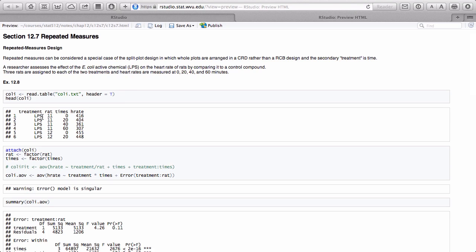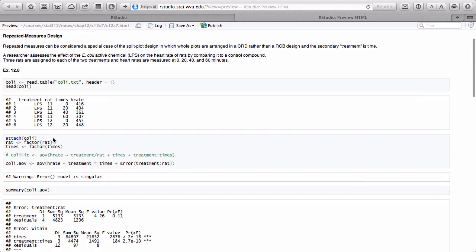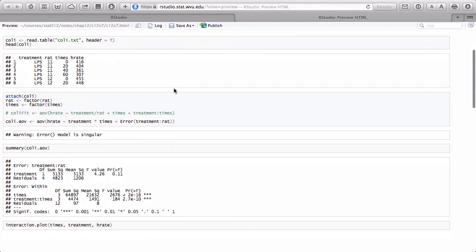So here's the data. You have treatment. I think there are just two treatments, LPS and control. And then we have rats. Now, rats are nested within treatment. And then you measure at 0, 20, 40, and 60 minutes after the injection.